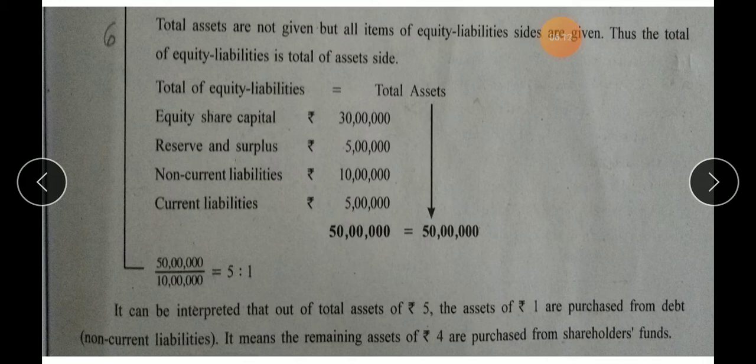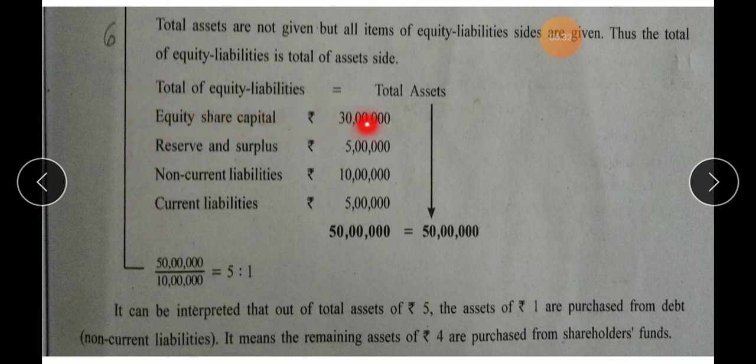So the total of the equity liabilities side is going to be the total of the asset side. Yes? Total of equity liabilities equals total assets. So these are the items mentioned in the question.